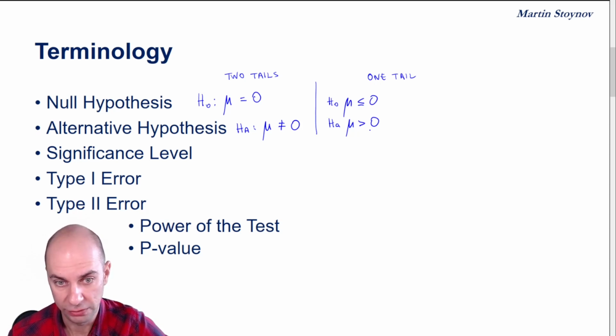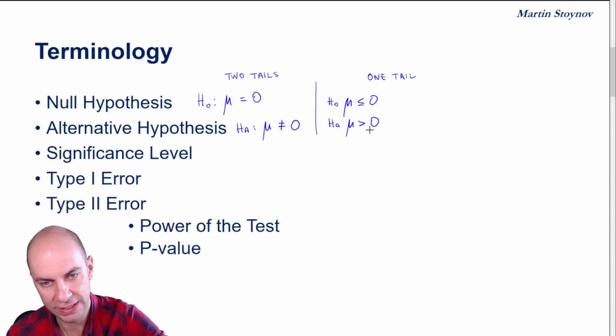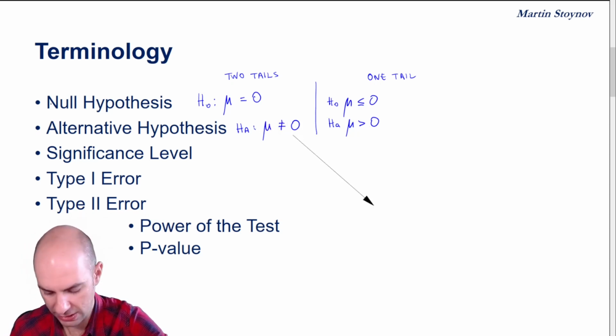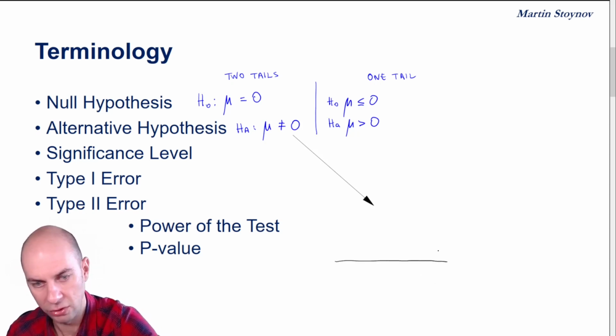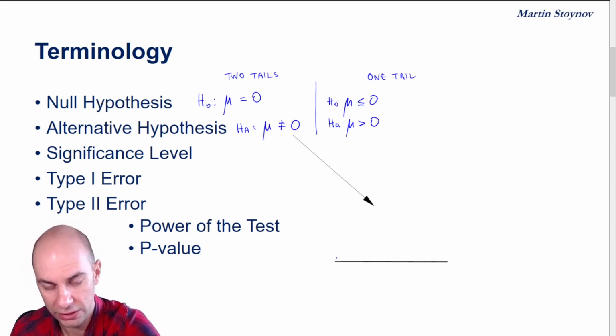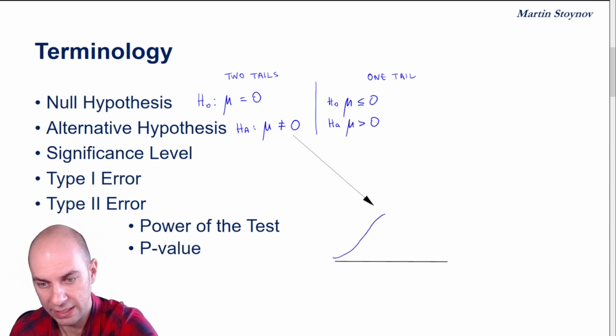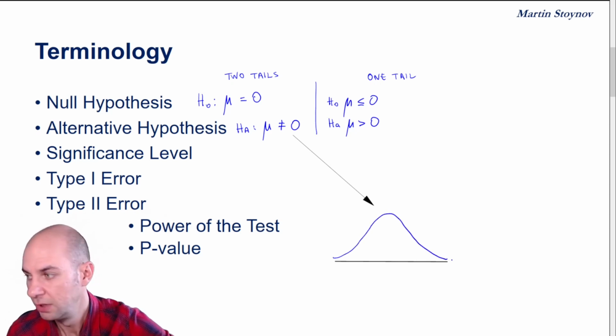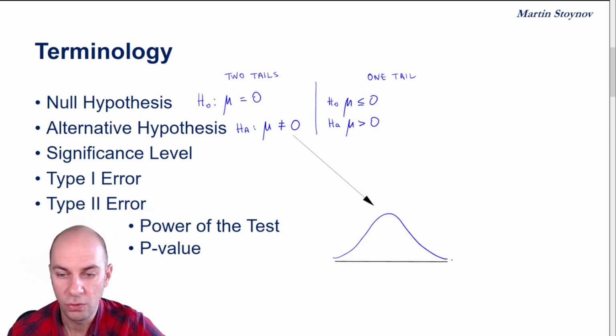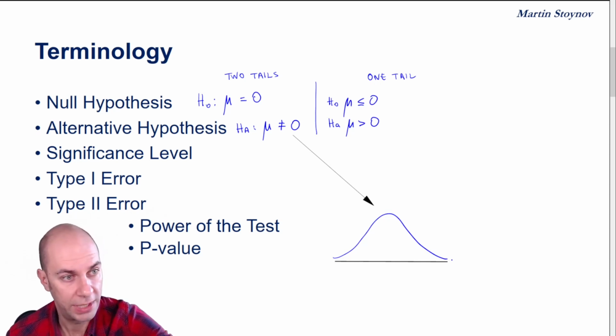So just in terms of visualizing that, let's first visualize this example. So I've got the distro, and let's say it's a kind of normal looking distro. And I will obviously have two tails.